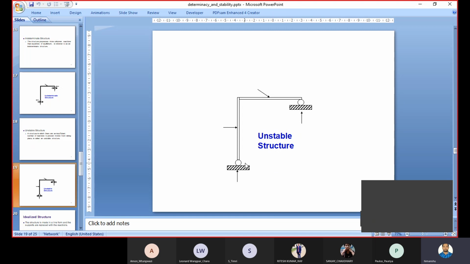This roller support is free to move in the horizontal direction. So this is an unstable structure, because if we apply a load over here, this structure will move either to the right or to the left direction, and ultimately it will lead to the failure of our structure. So that is a category of unstable structure.